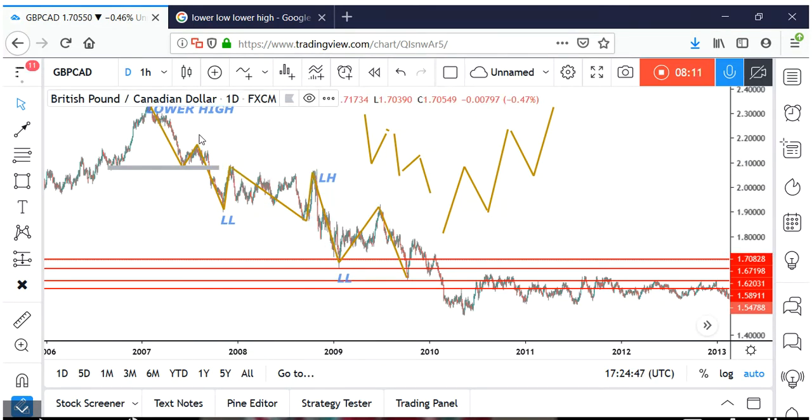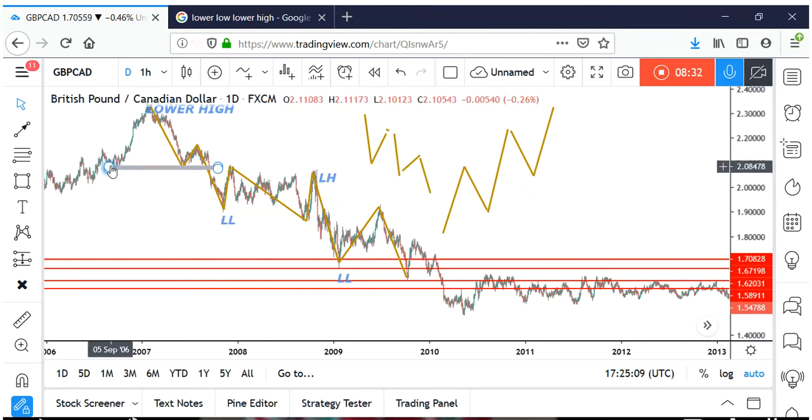So once this was broken, then I know we are in a downtrend. The trend has changed from an uptrend. Not here, not here. Here we're still in our uptrend until this low is taken out. That is when we will say we are in a downtrend.